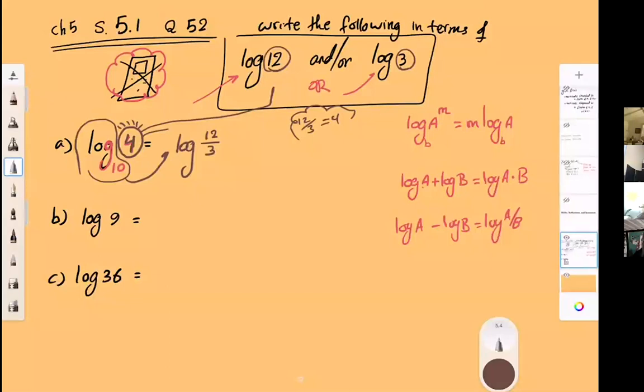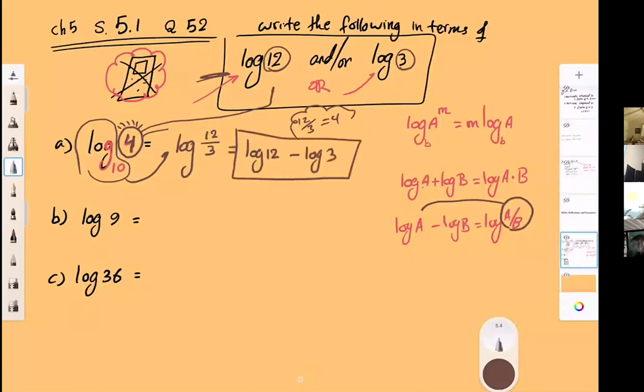But definitely, if I divide 12 over 3, I will get back to 4. They ask us to write it in this form. So for 12 over 3, I'm going to apply this formula. If you have a over b, we write a minus b. So this will be log of 12 minus log of 3. And we are done. We wrote log of 4 in terms of log of 12 and log of 3.